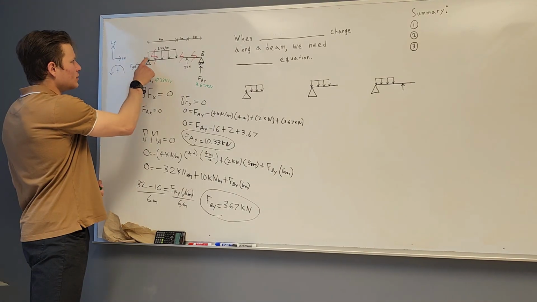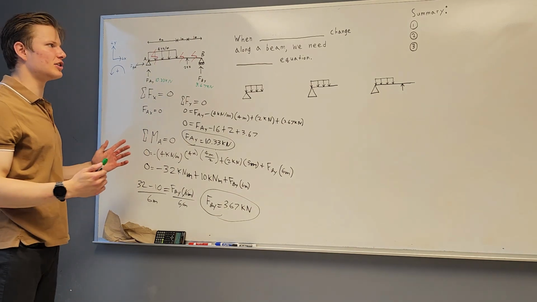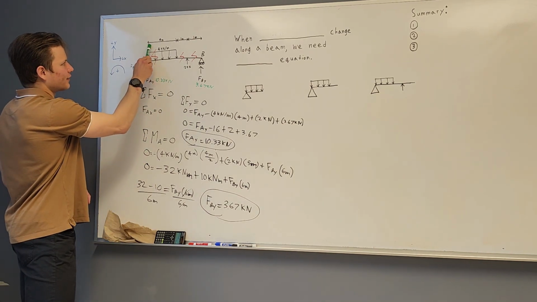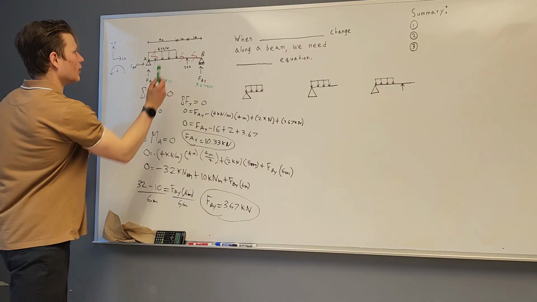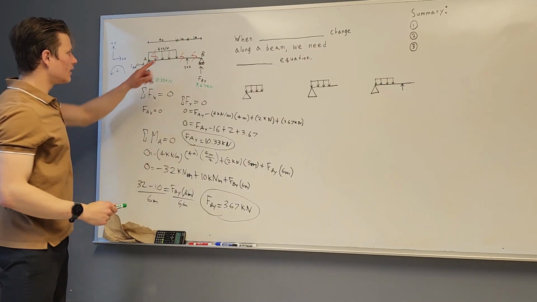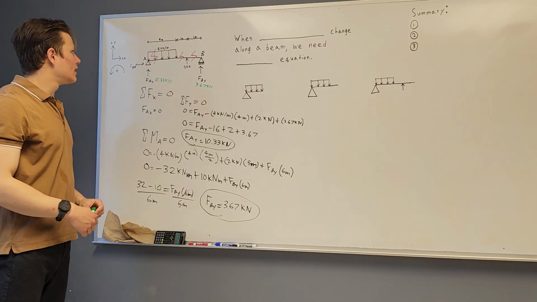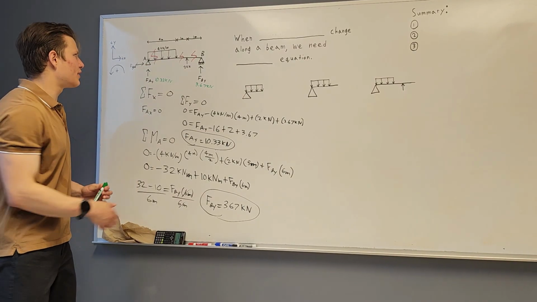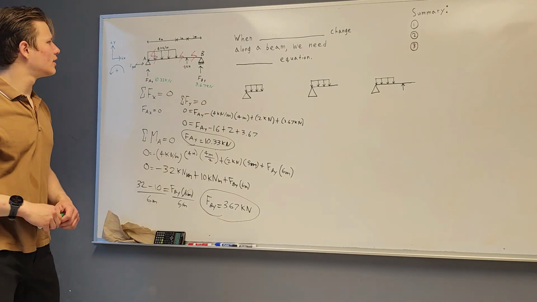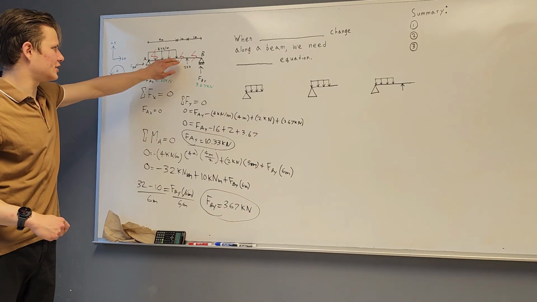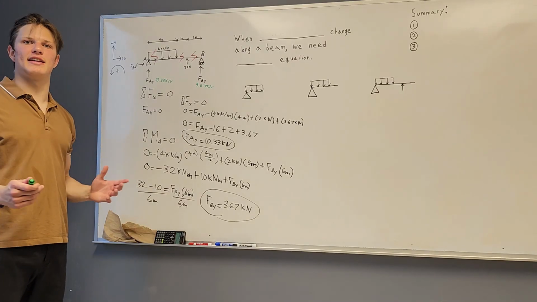So in a UDL, the load is constant and we can make an equation that works for this entire distance. But that equation doesn't work anymore when we hit this section because the UDL is gone and the loading conditions change. And so we end up with these different, almost like pieces, these different loads that are creating different sections of the beam that will have different equations. And I hope that makes sense.